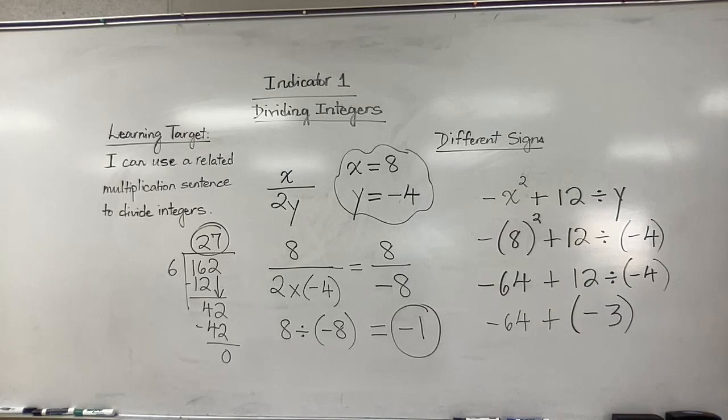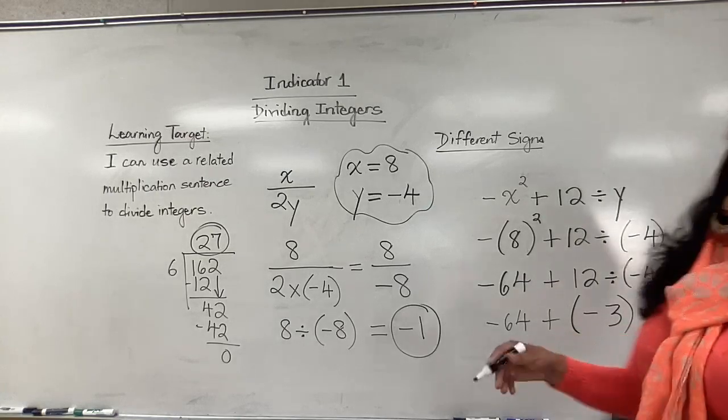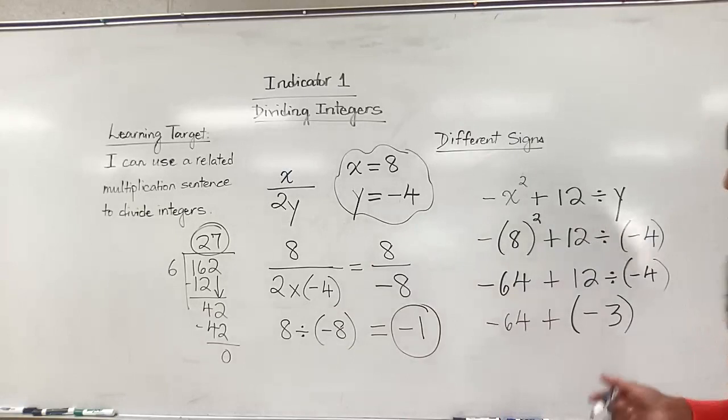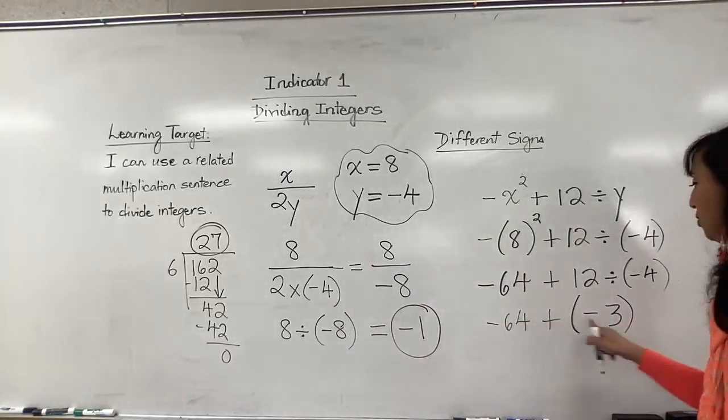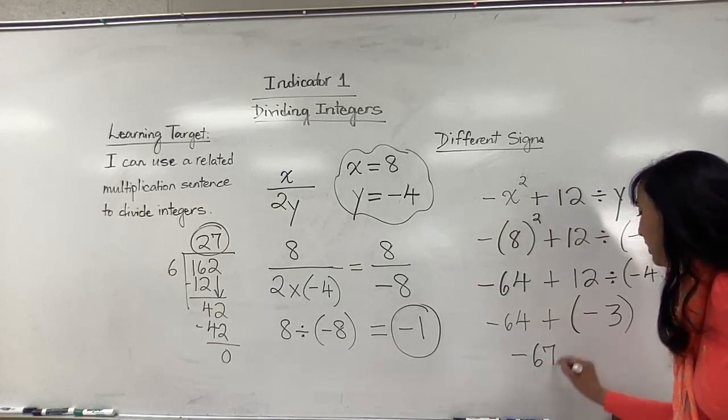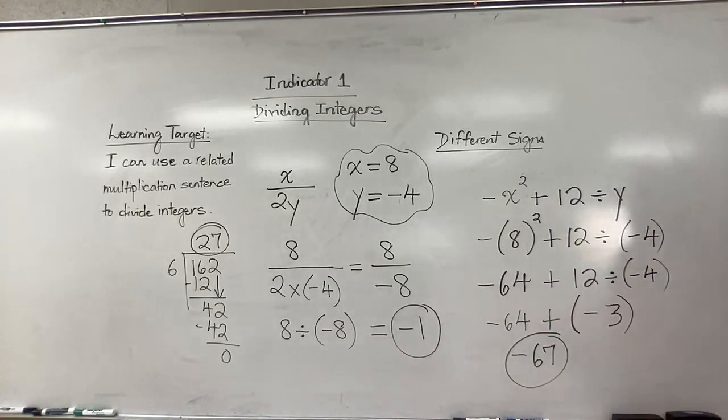So now we have negative 64, and we are adding on another 3 negatives to it. Because they are the same signs, we add, and I get negative 67 as my answer. So the value of that expression is negative 67.